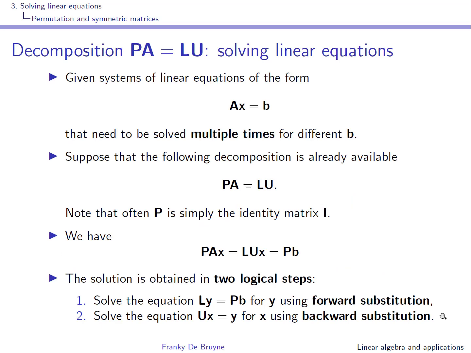Well, you can ask yourself the question, what is the use of doing this kind of decomposition? In lots of cases, P will simply be the identity matrix, but I have taken here the general case. This can be used in solving linear matrix equations or systems of equations of this type, where A is always the same and B is always different.